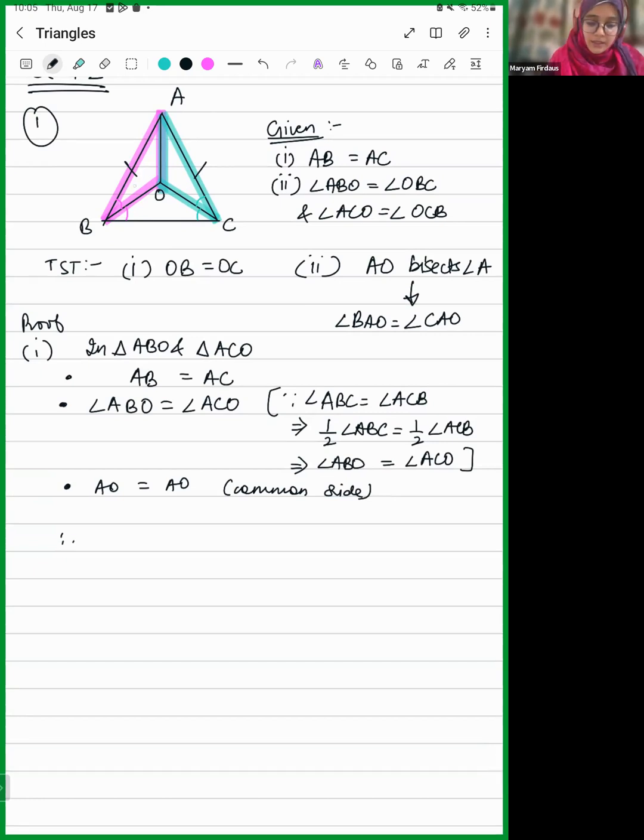See, this is A, this is S, and this is the other S. So SAS means that in the triangle you're going in this order: side, angle, and then another side. So the angle should be sandwiched between those two sides. That's why I said we need to find something different, so it won't be SAS.